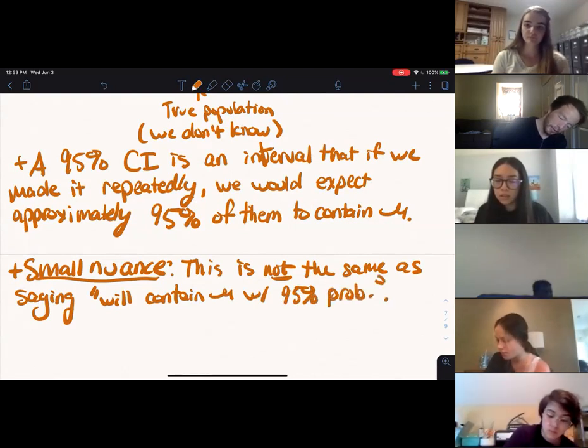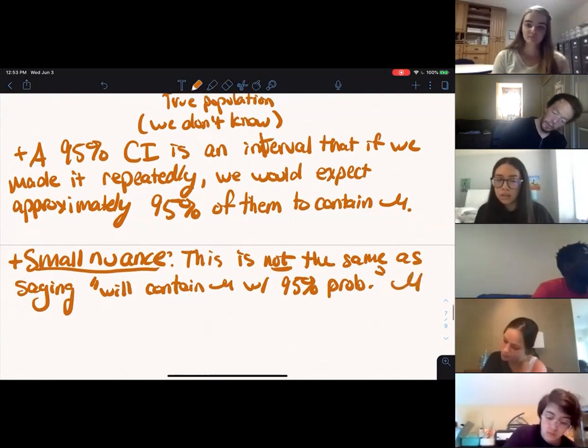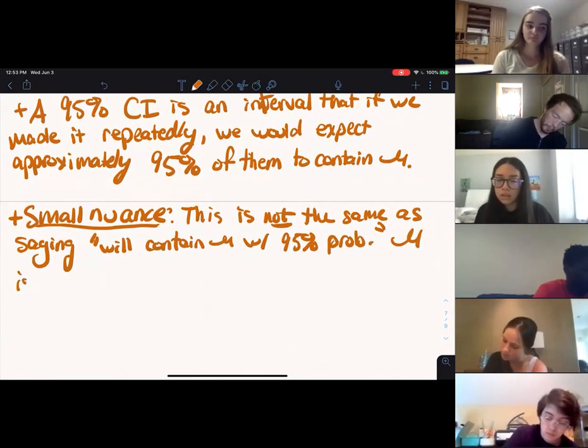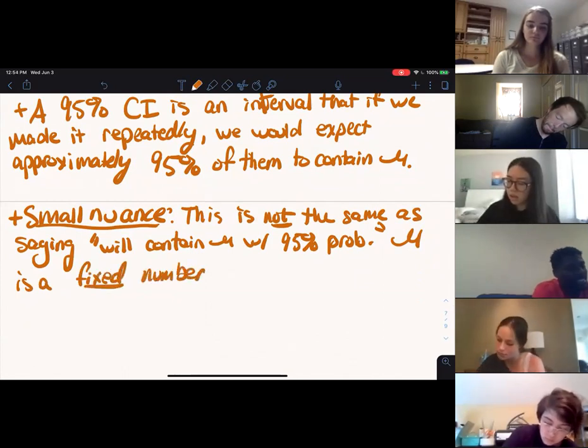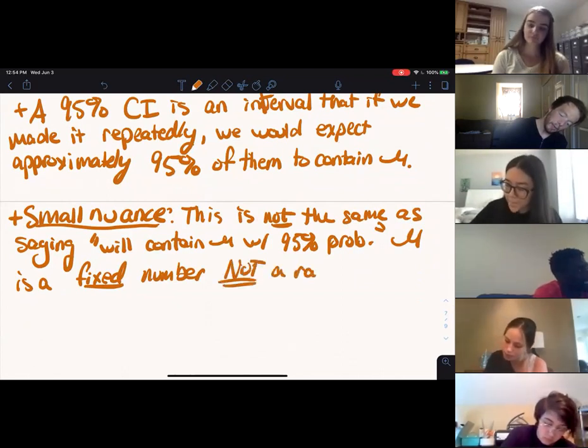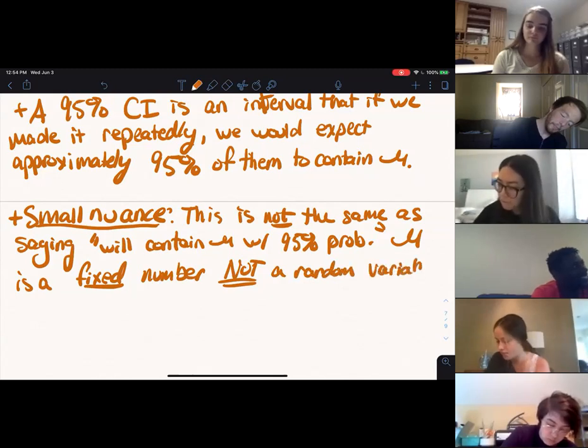And this is because mu, the population average, is a fixed number, not a random variable. Right?